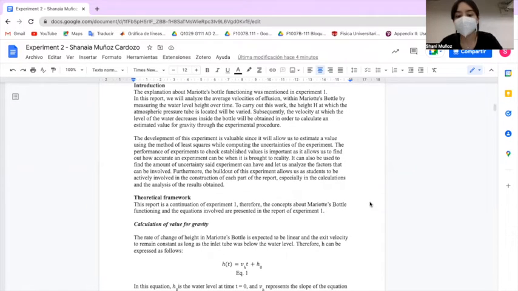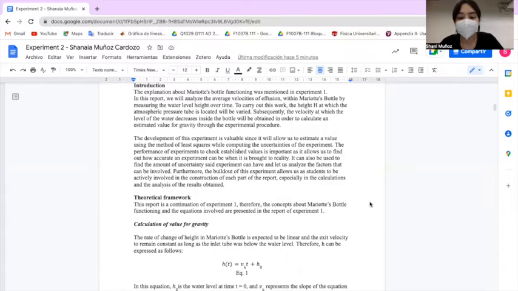The development of this experiment is valuable since it will allow us to estimate a value using the method of least squares while computing the uncertainties of this experiment. The performance of experiments to check established values is important as it allows us to find out how accurate an experiment can be when it is brought to reality.